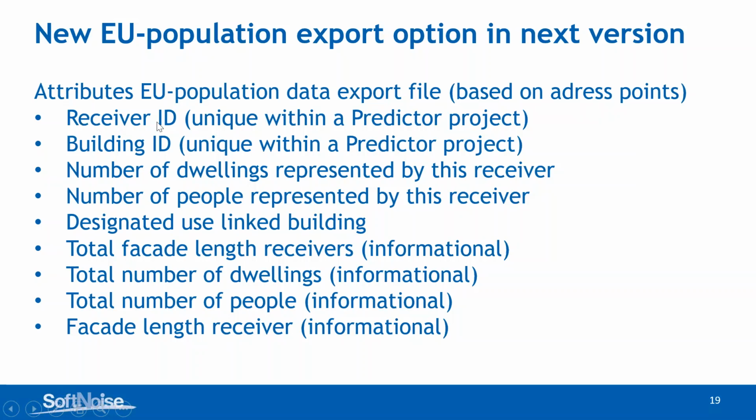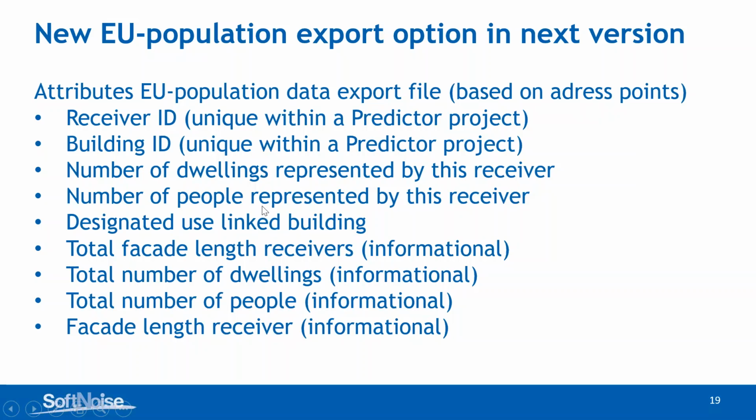This file will have the receiver ID, that's unique within the Predictor project, the building ID, the number of dwellings represented by this receiver, the number of people represented by this receiver, the designated use of the linked building, and then some informational data like the total facade length of the receiver, the total number of dwellings of the building, the total number of people of the building, and the facade length of the specific receiver.